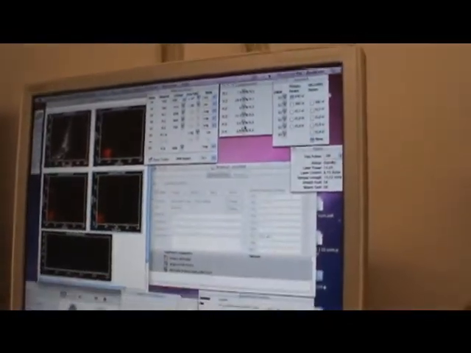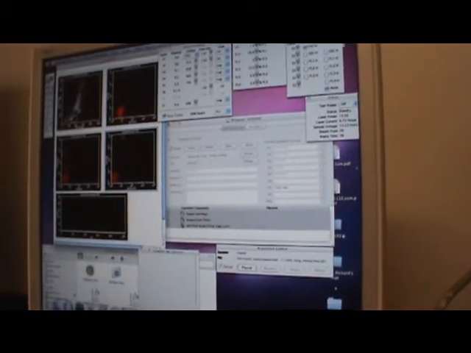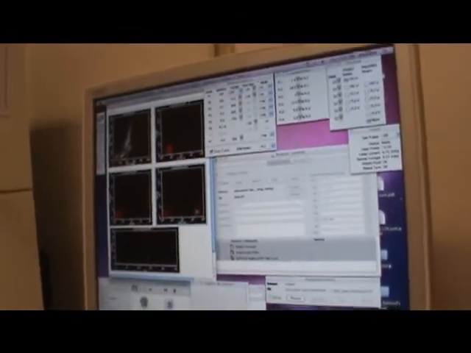Then we throw APC. Pause, restart. See, this is APC. And if the voltage is, wow, it's very bright. So if you want, you can decrease the voltage a little bit. Pause, restart.